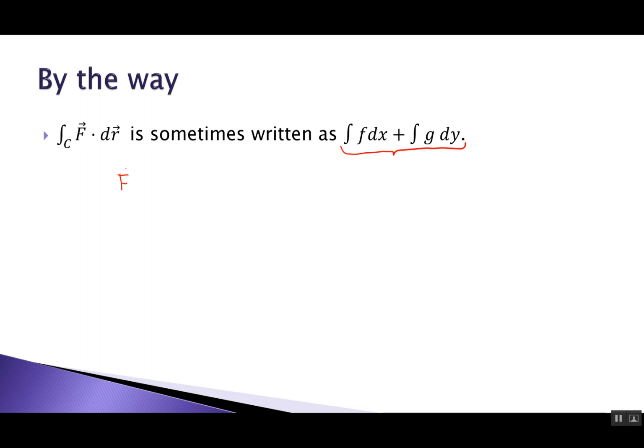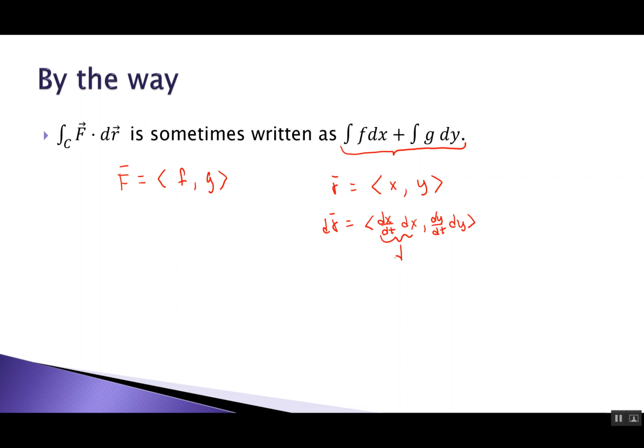Okay, so if my F is written as f, g, so there's my vector field, and if my r is written as x, y, then my dr is going to be the derivative of this, which will be dx dt and dy dt, just taking the derivative of each piece.